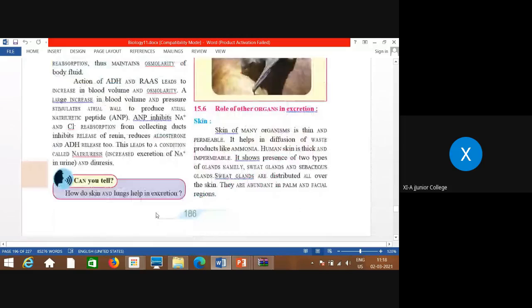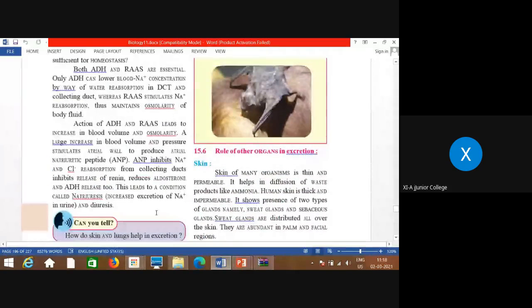So these are the two ways, and in detail it is mentioned here, but I don't think that everyone will be able to understand, but still I will explain how this ADH works here. See here what happens. Action of ADH and RAAS leads to an increase in blood volume and osmolarity.